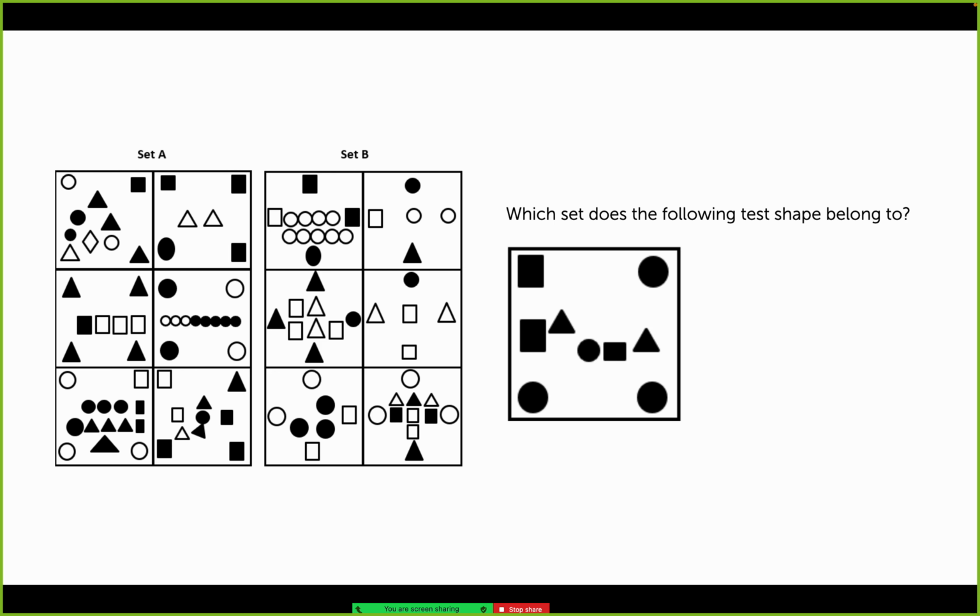Well, the arrangement: there are shapes in all 4 corners, and in the other one, there are shapes on all 4 edges. There are a greater number of black shapes, and then a greater number of white shapes. Perfect. You got both the instructions correctly. Yeah, so the first one will be set A. Why do you say set A?